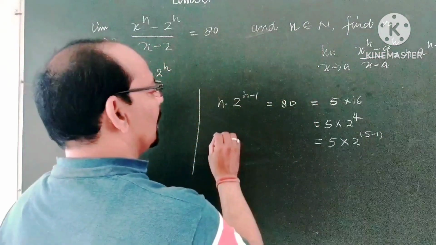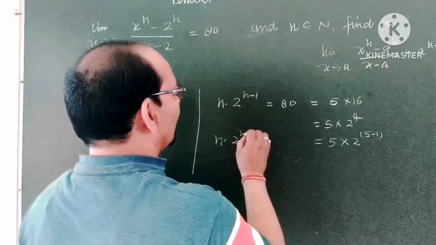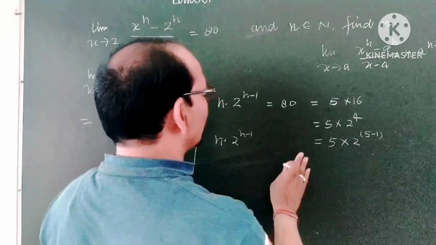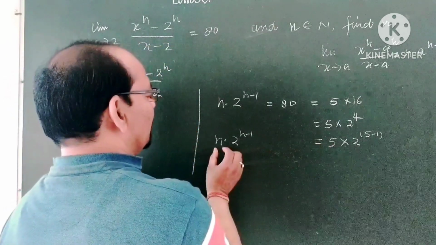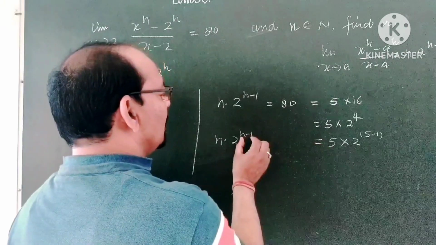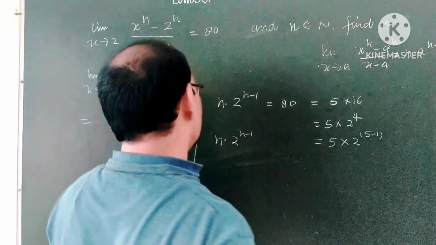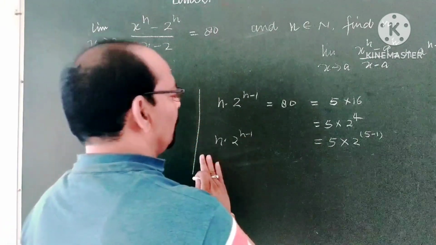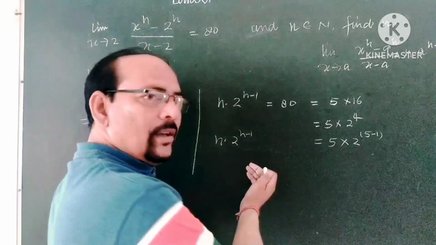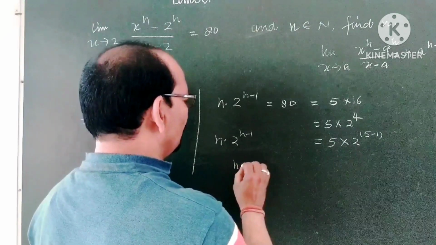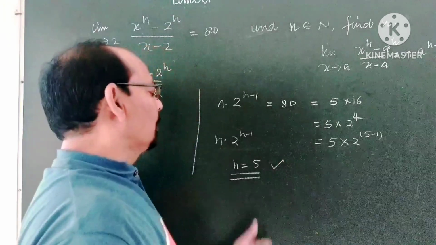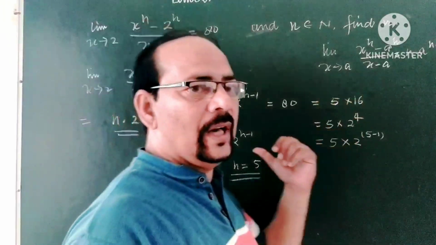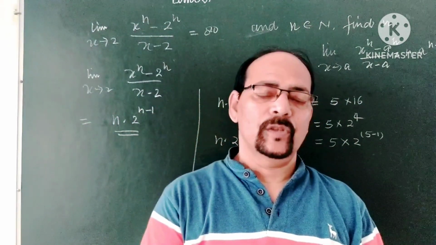Here n into 2 raised to n minus 1 is equal to this. Compare both sides. In place of n, here write 5. Therefore, we can find the value of n by comparing this. Therefore, n equal to 5. The value of n is 5. This is your complete solution.